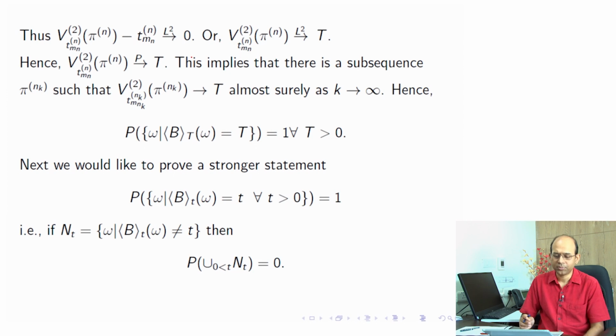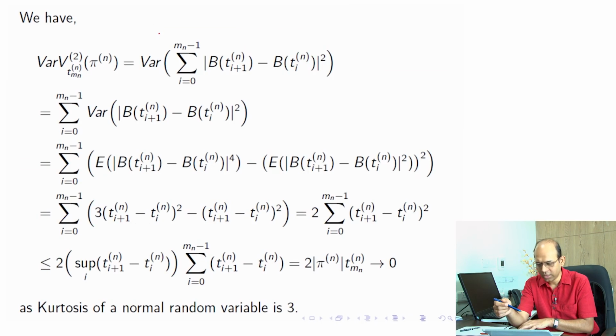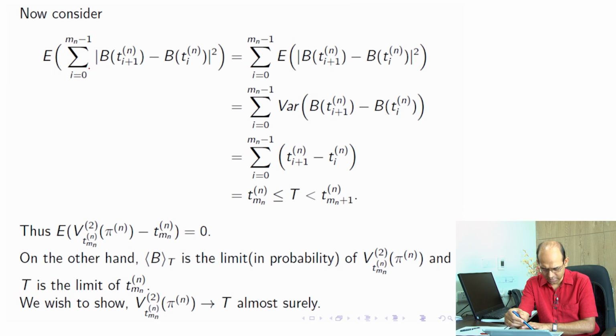Okay, what does it mean? We know that the variance of a random variable X is nothing but the expectation of X minus the expectation of X, whole square. So that is the L2 norm of the difference of X and the expectation of X. What was the expectation of the quadratic variation? It was T_{m_n}, that we have seen in the last slide.